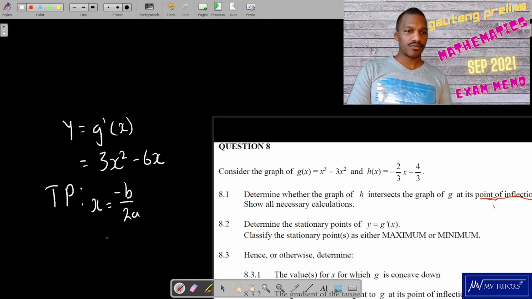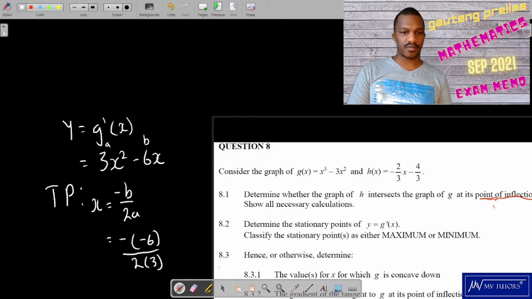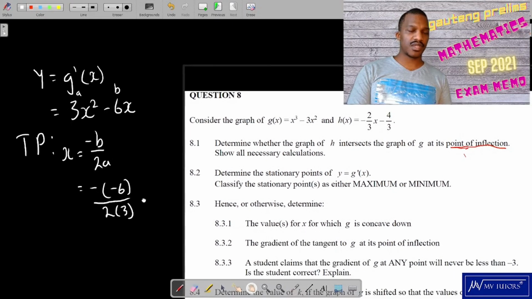This is my value of a, that's my value of b, so it's minus b, which is minus 6, over 2 times a, which is positive 3.